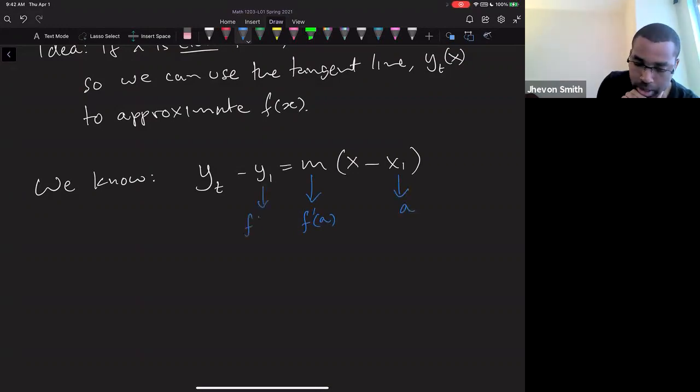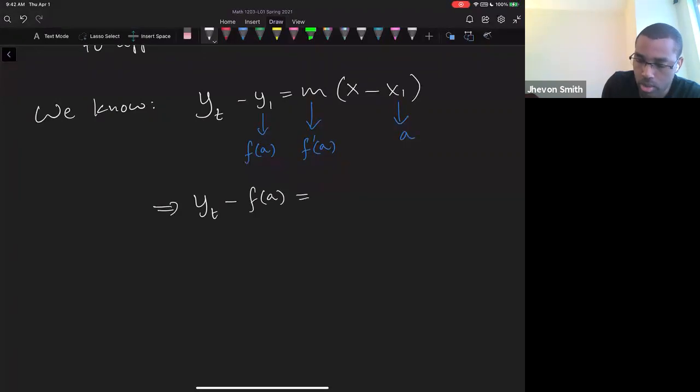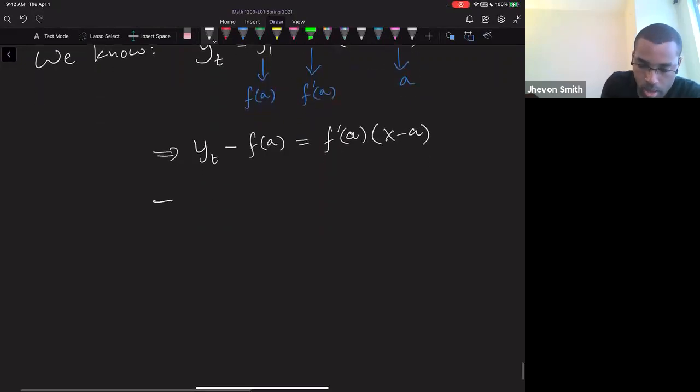This guy is the output at the point. So it turns out that our y sub t minus f of a is equal to f prime of a times x minus a. In other words, the equation of the tangent line is f of a plus f prime of a times x minus a.